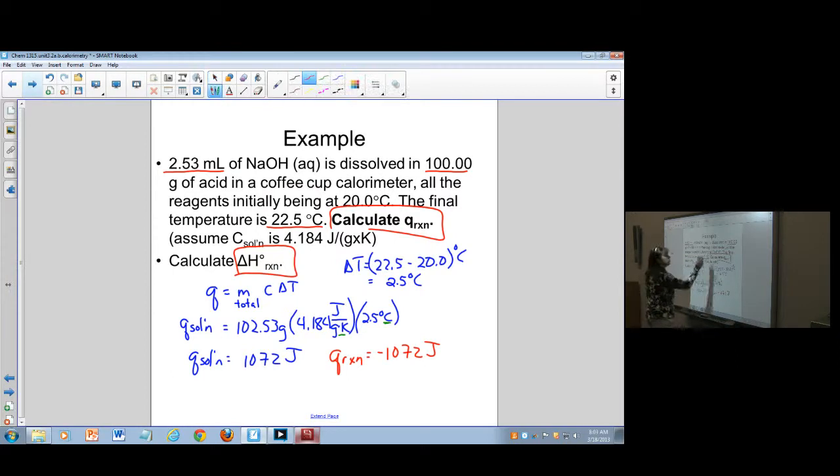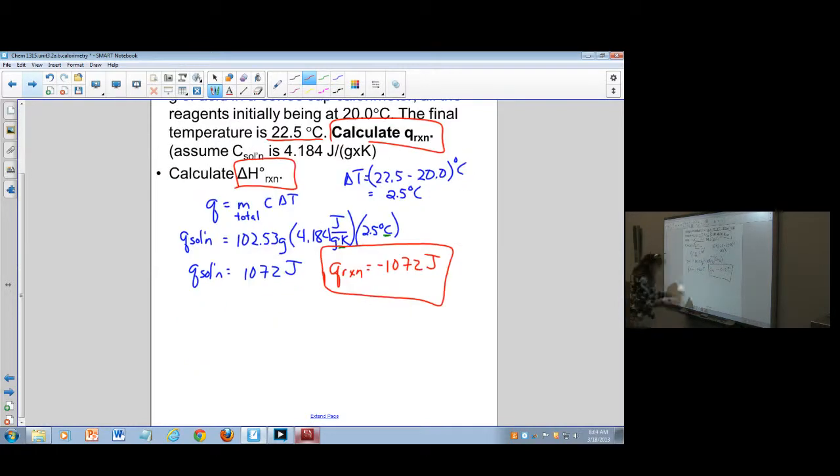This is the first answer: calculate Q of the reaction. I have to be the one to change the sign here. What about calculating our delta H? We want to know the delta H of the reaction. I don't care about the solution.